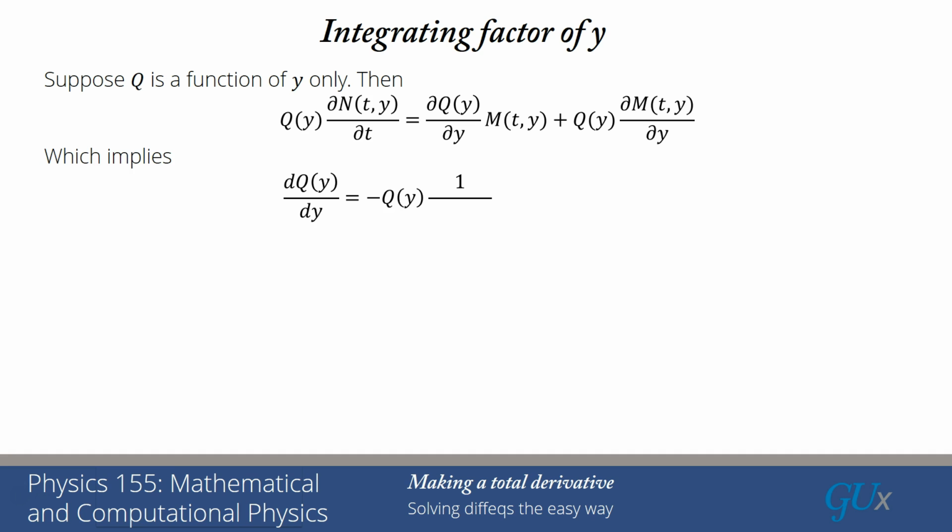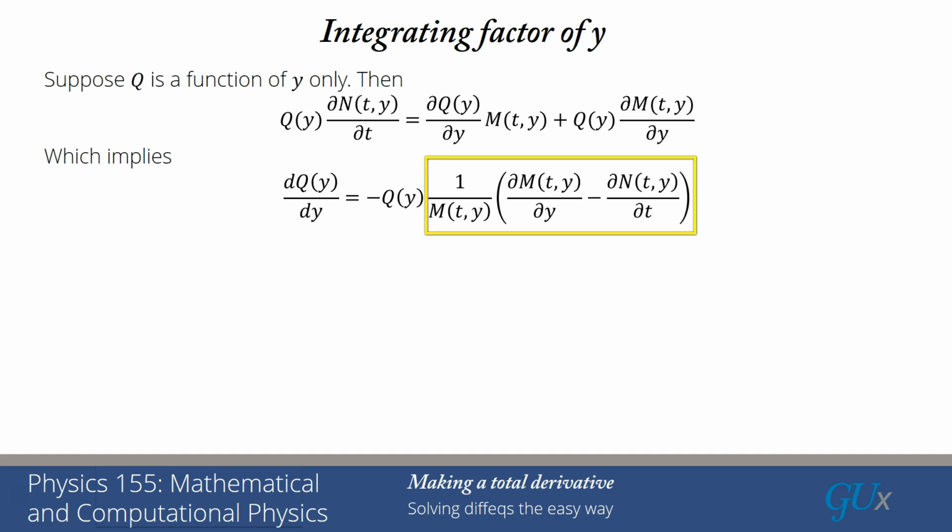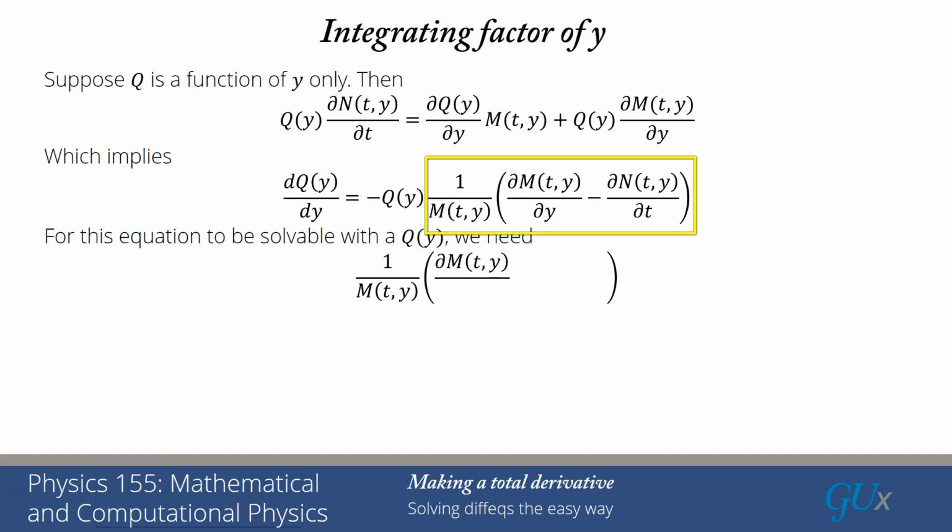So we're going to get dq dy equals minus q of y times 1 over m of t,y times dm dy minus dn dt. And what we need is that object that multiplies q of y to just be a function of y. If that holds, then we can solve for this particular integrating factor. So the requirement is that this object is just a function of y.